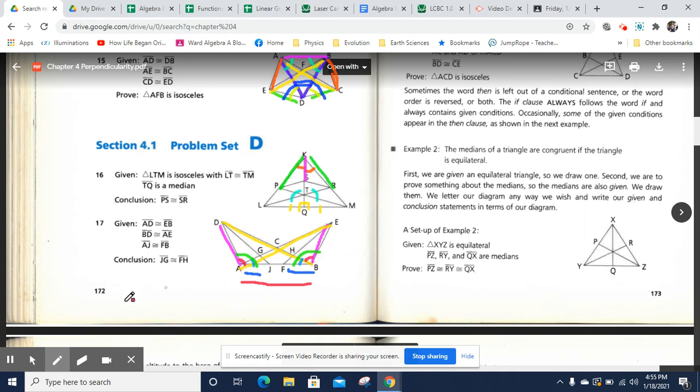And the fact that ACB is isosceles will indicate that a couple of the sides here, AC and BC, are also congruent. And I think that's going to start getting us closer to where we need to be. We're trying to prove that JG and FH are congruent. So now maybe we're going to need an auxiliary line. I'm not sure. I'm going to pause and consider that.